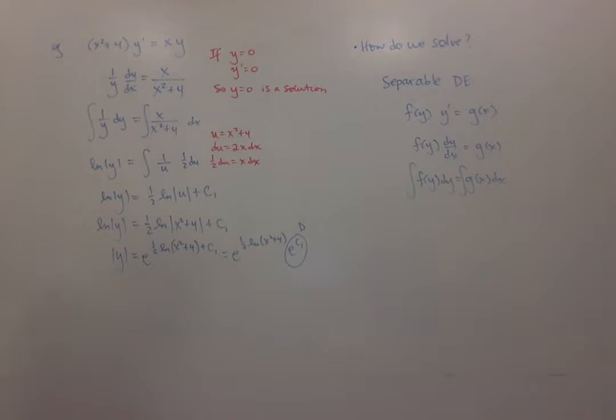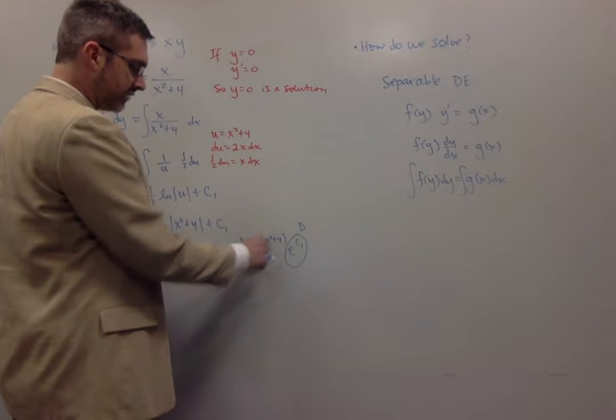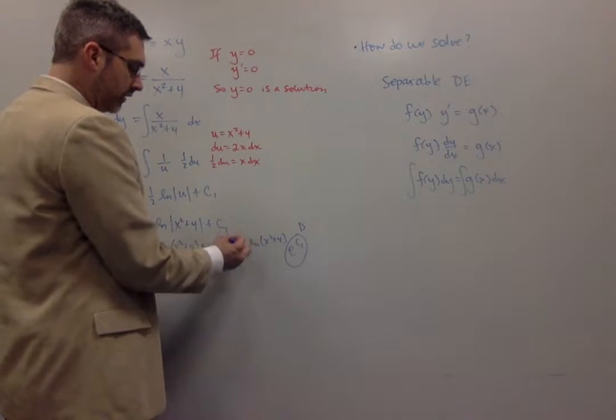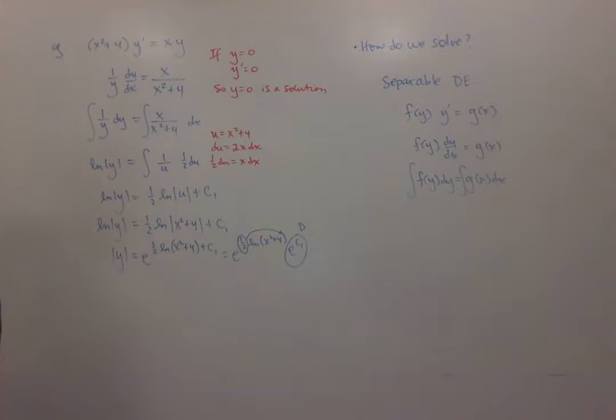The other thing I'm going to do, because I have e to, if that 1/2 wasn't there, e to the natural log would cancel. So what I'm going to do is use a rule that you might remember: if you have natural log of x to the r, you can take r out and put it out front. And you can do the reverse. If you have a number out front, you can stick it up as a power.